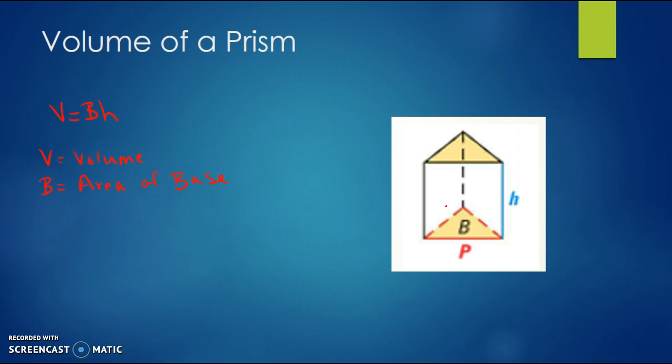And when I'm looking at my shape over here, I would have to find the area of this triangle B in order to find the volume. And then lowercase h is the height. And more importantly, this has to be perpendicular, because we want the perpendicular height from top to bottom.